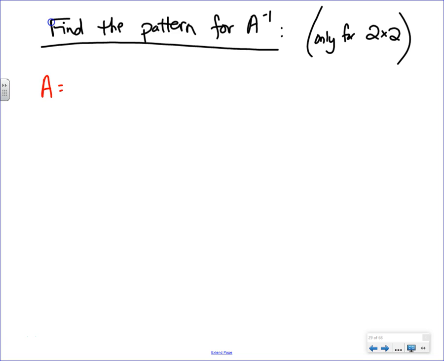If I were to give you A, hold on. Okay, that's a random A. I just made it up, but for a very particular reason, I made it this way. But that's okay. This is a matrix A, totally random.